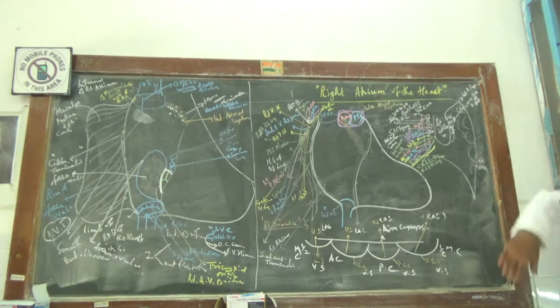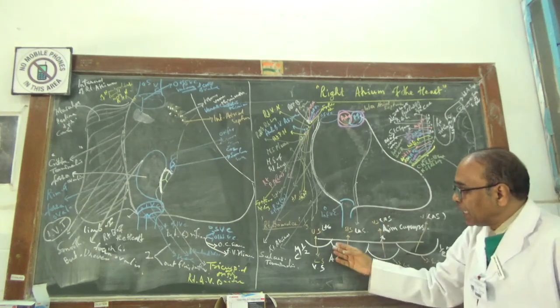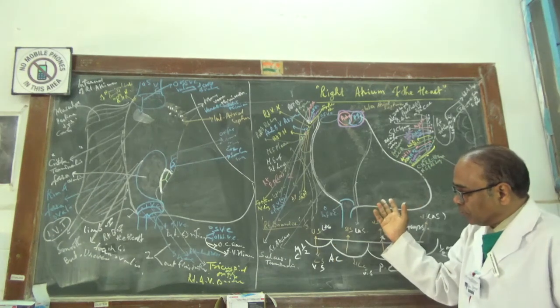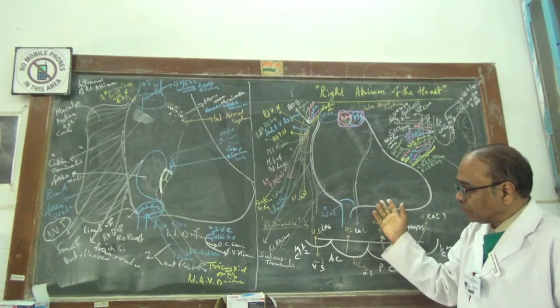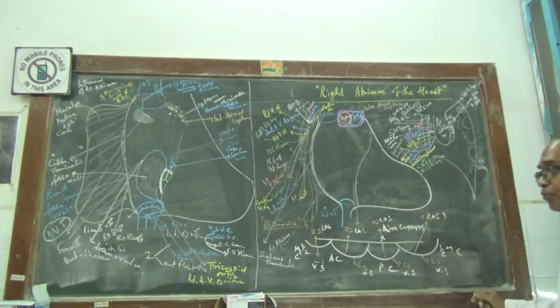But at the time of ventricular contraction and atrial diastole, the ventricular surface becomes concave and the atrial surface becomes convex.